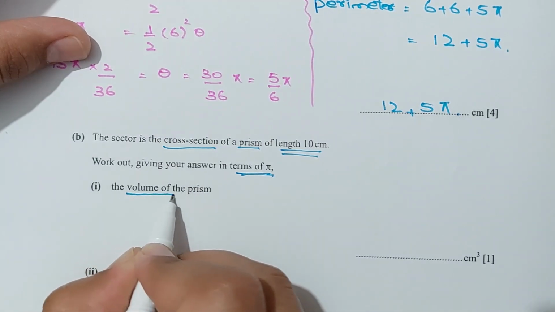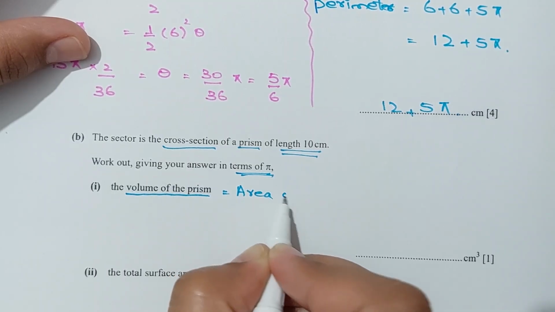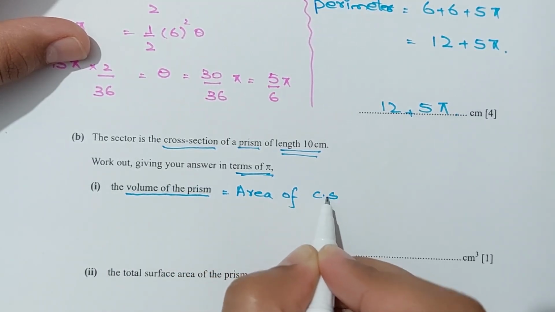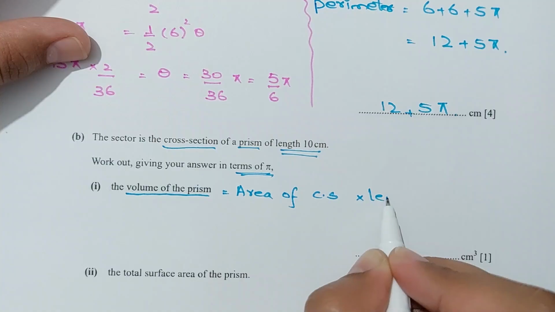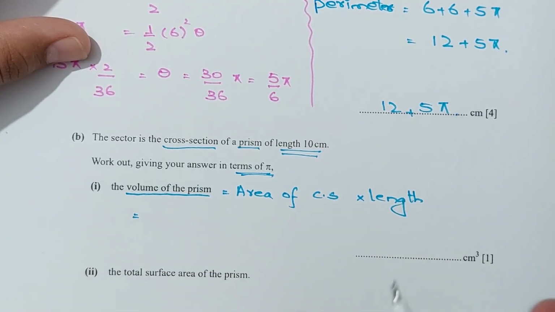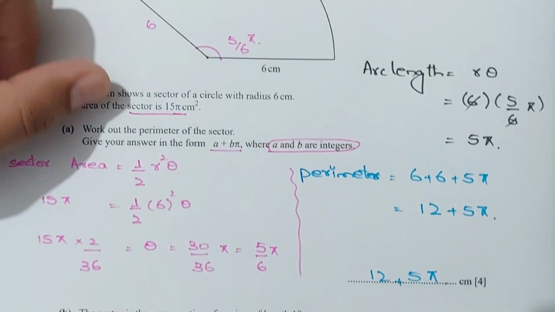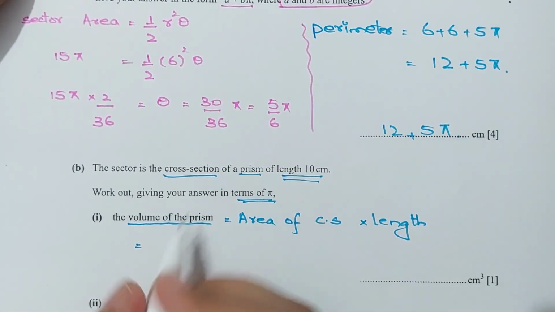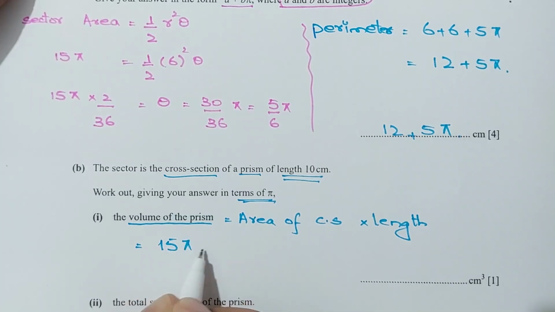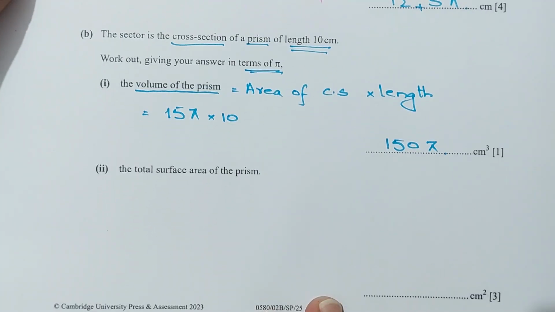The formula for the volume of a prism is equal to area of cross section multiplied by the length. Area of cross section is the area of this sector, because the sector is the cross section, and sector area is given, which is 15 pi. Area of cross section 15 pi multiplied by the length. Length is 10, so it is 150 pi cubic centimeter.